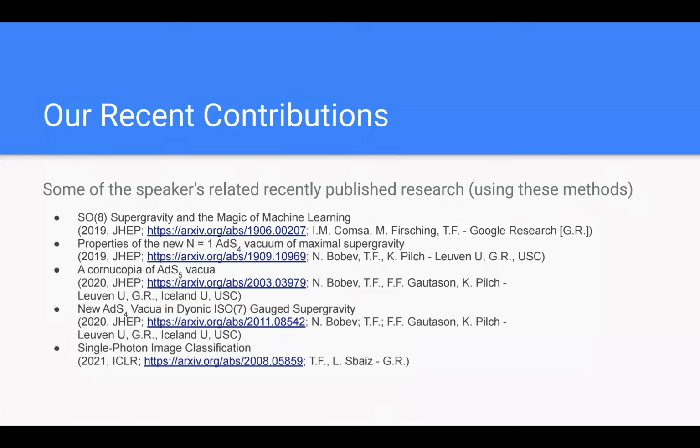And then, starting from the numerical insights, we also did the corresponding analytic constructions and showed that yes, what we saw numerically really exists. The last one is an outlier here, a single photon image classification. This is also, again, Google Research only. I did this with a co-author. I'll come back to this particular one. It's interesting for other reasons.